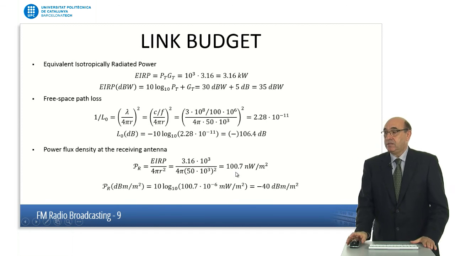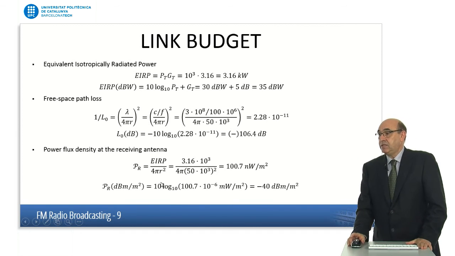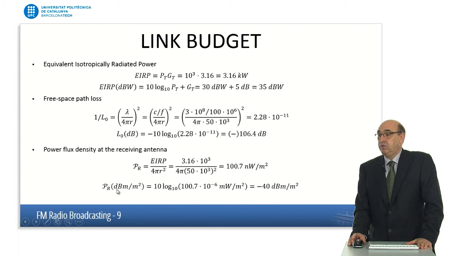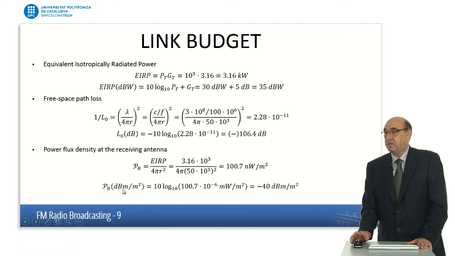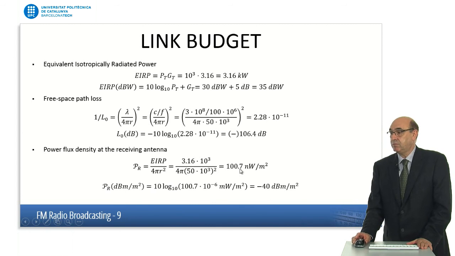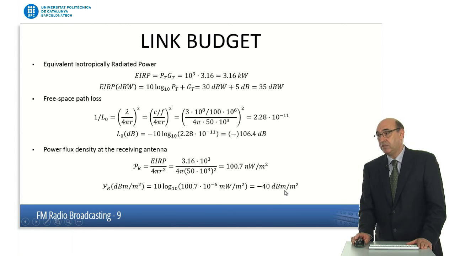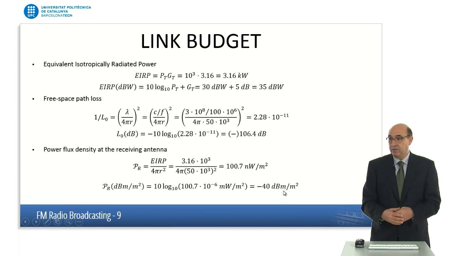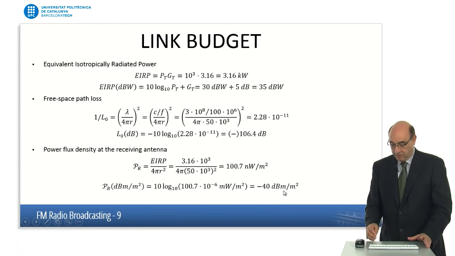You can write this also in decibels, and normally, since this is a low signal, we use dBm, milliwatts, as reference. So the first thing you do is transform this nanowatt number into milliwatts. You multiply by 10 to the minus 6. Now you take 10 log of this, and it gives you minus 40 dBm per square meter. And this is the number for the power flux density at the receiving antenna.